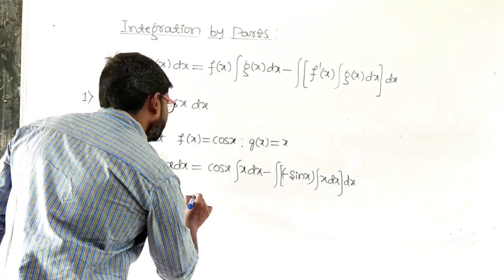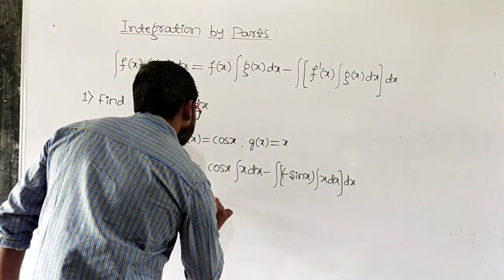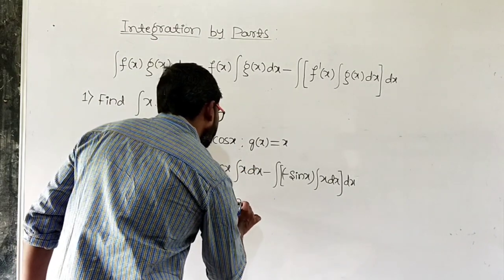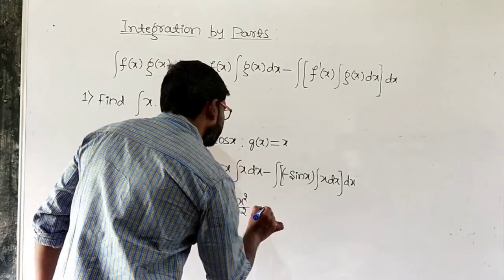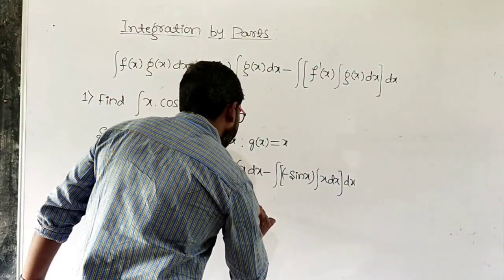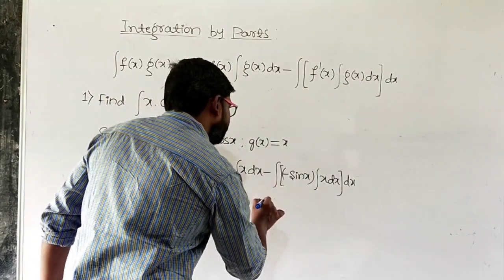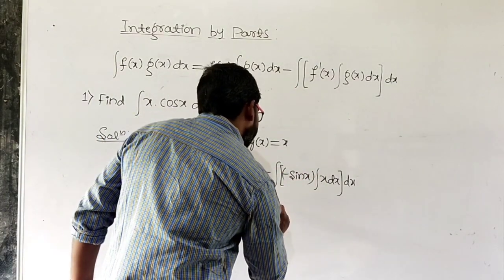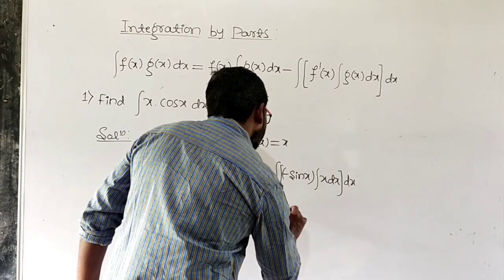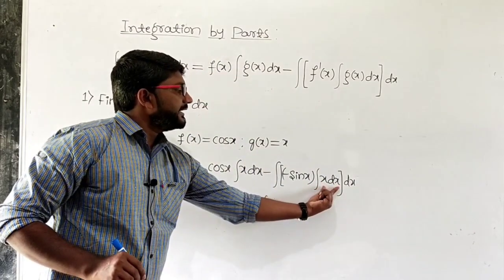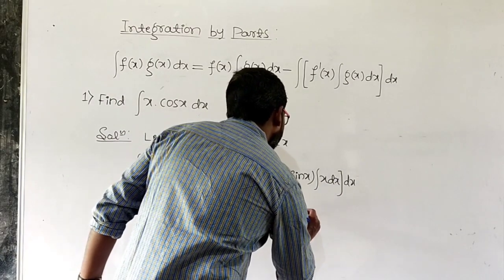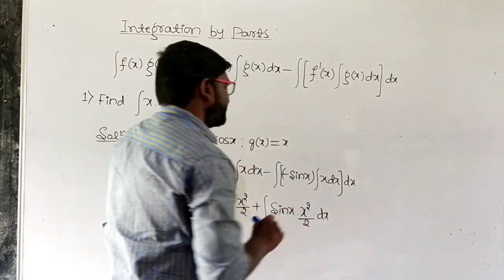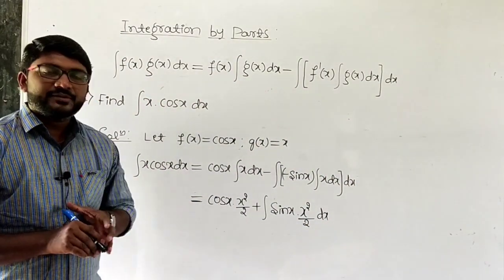So now in the next step, cos x, integration of x will be x square by 2, then minus into minus is plus, this main integral sign I write as it is, then sin x into integration of x, which is x square by 2, dx.